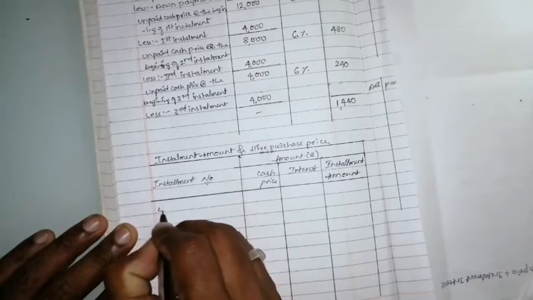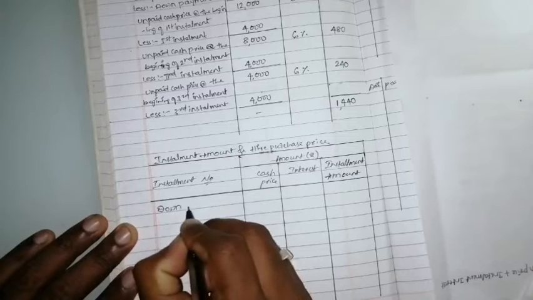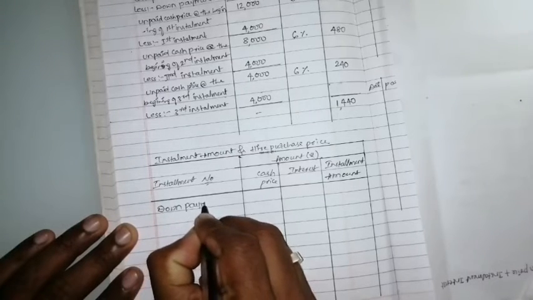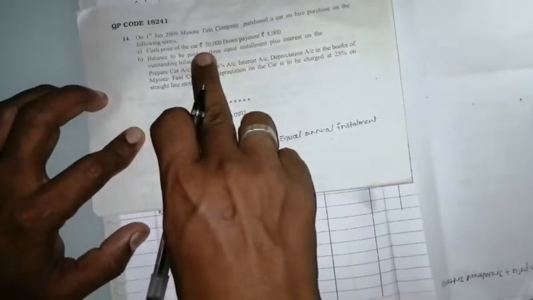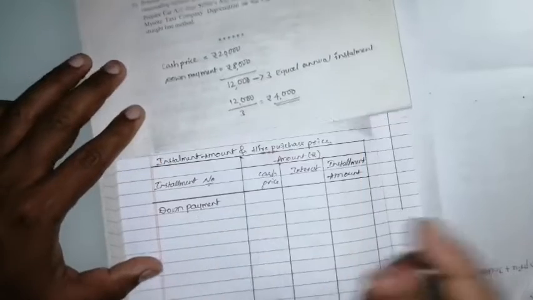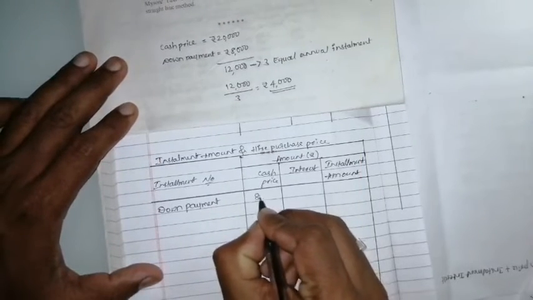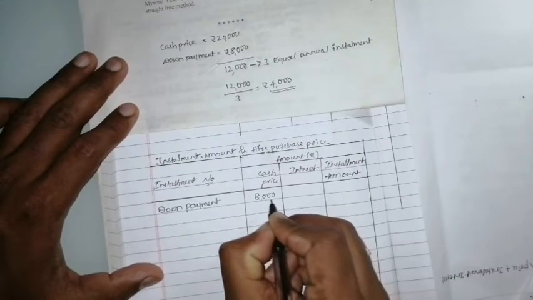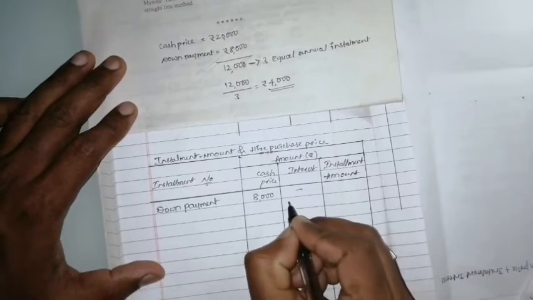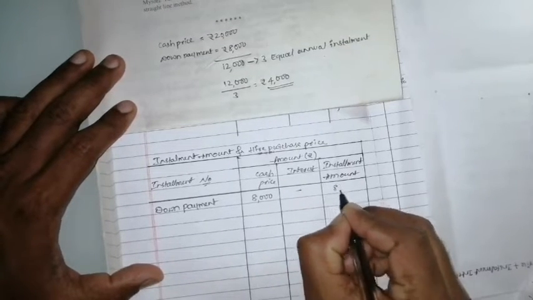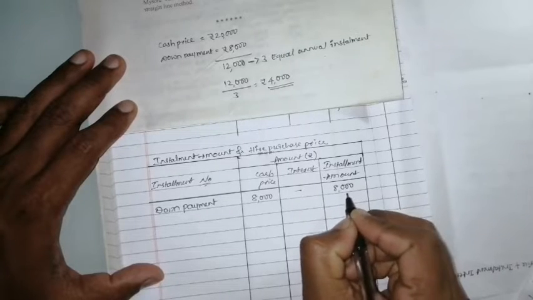First, we need to take the down payment. Down payment is rupees 8000. On that down payment, no interest is charged. Clear? So the down payment amount will be 8000.